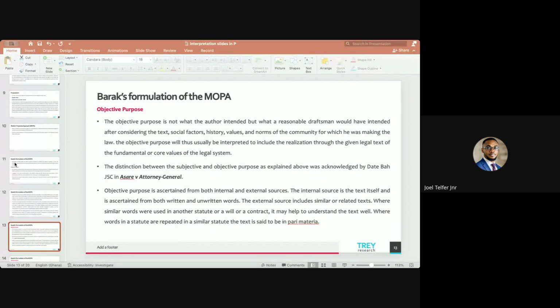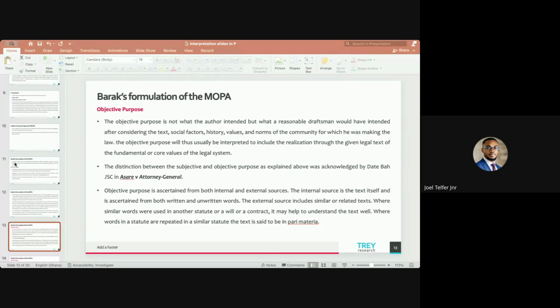Remember that in all circumstances, even though you are allowed to examine extra-textual or extrinsic sources, the meaning achieved must be one contemplated by a reasonable man. That is for the objective purpose. So for the objective purpose, you are moving out of the shoes of the person who made the law.